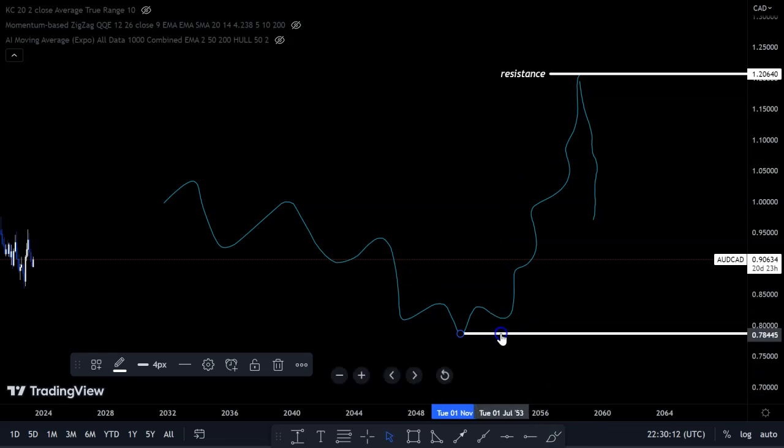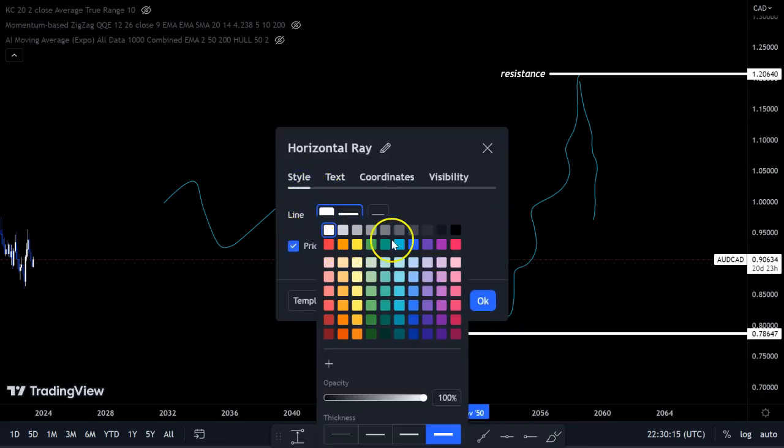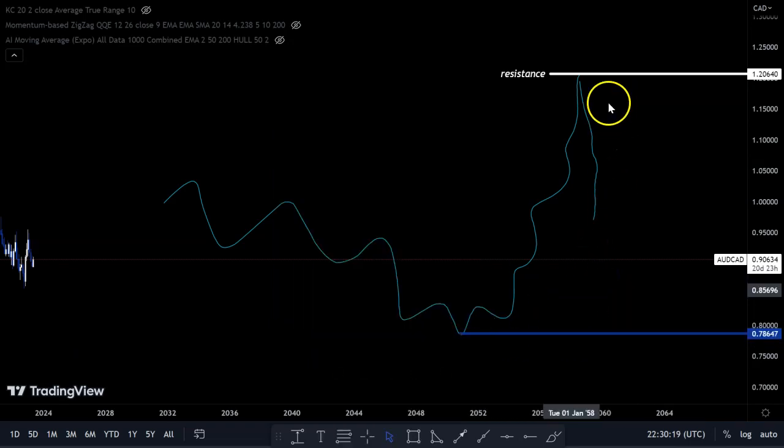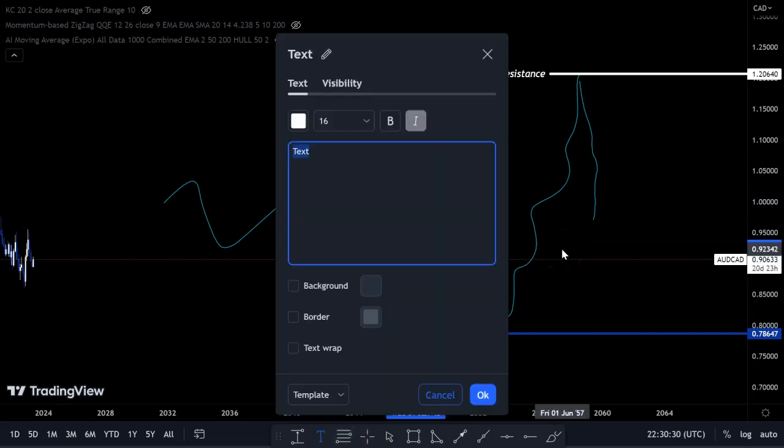Let me color the supports with, let me say, blue. So the blue is your support. Let me write it down. Sorry guys. Let's go, support.